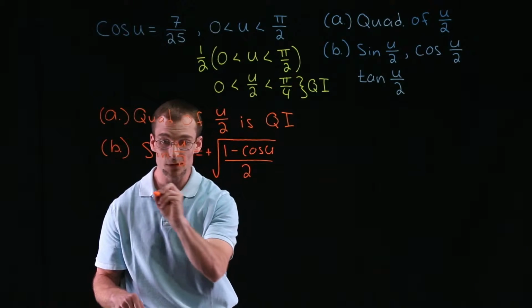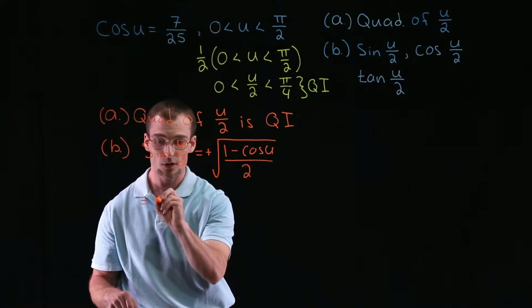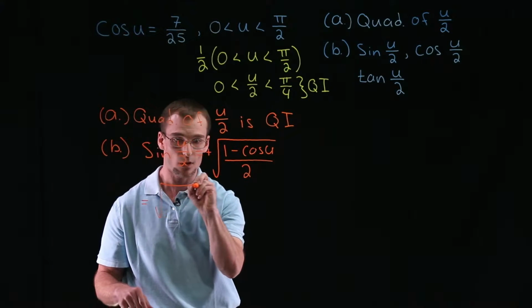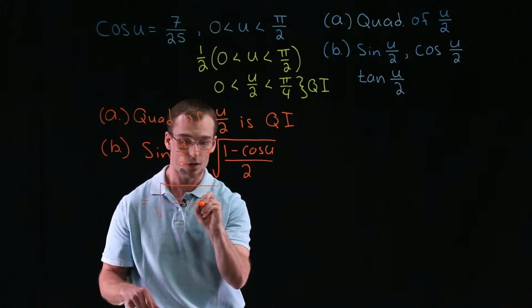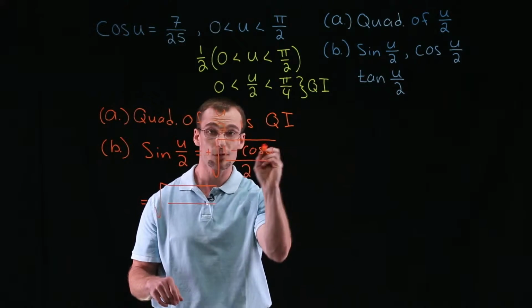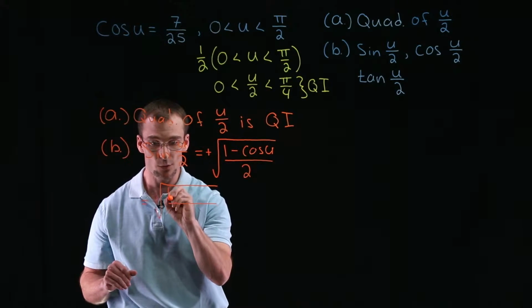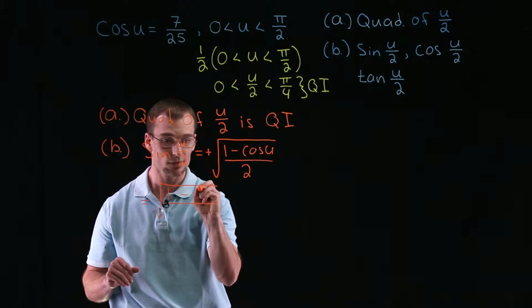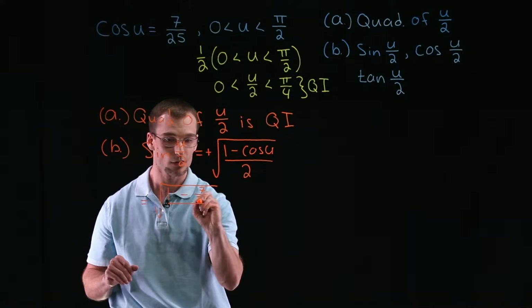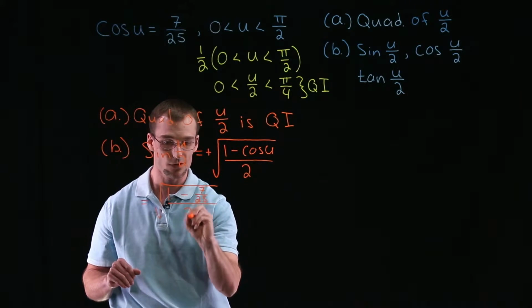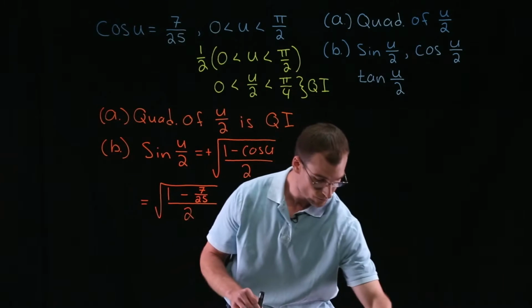Filling this in, we know the value of cosine of u. That's part of our given information. So we have the square root of (1 minus 7/25) over 2.